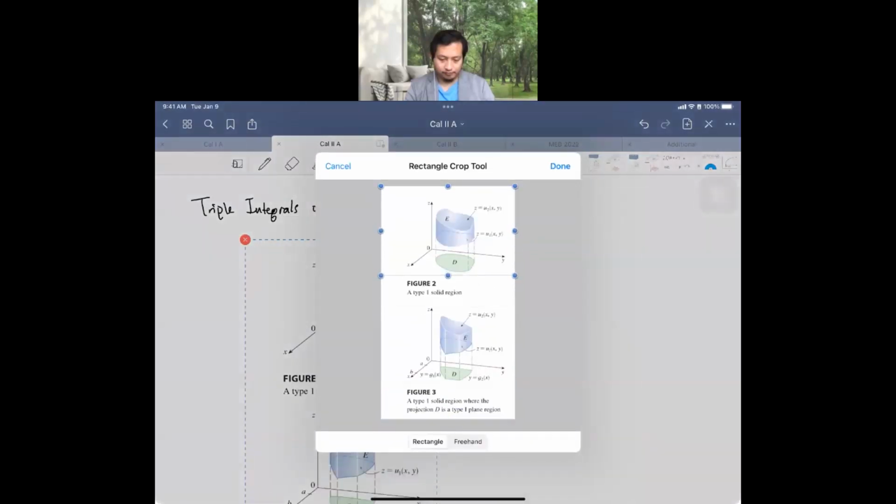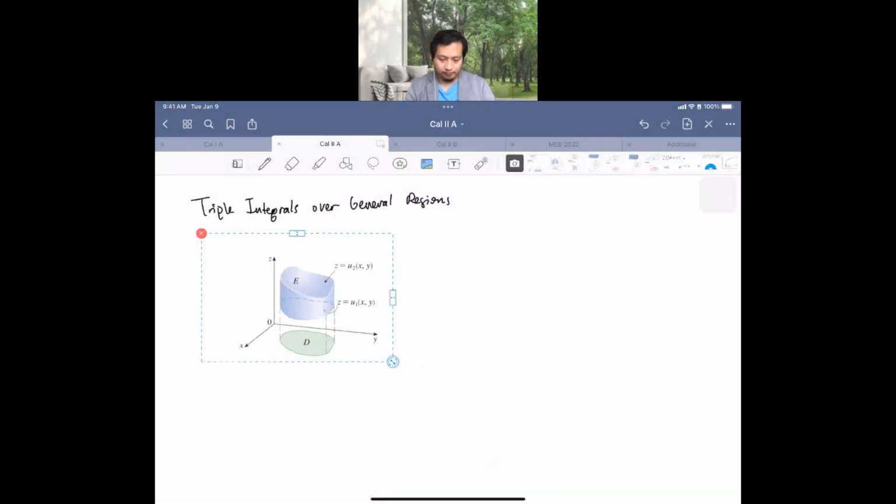Let me start with the first figure. Now we define the solid with two functions of two variables.